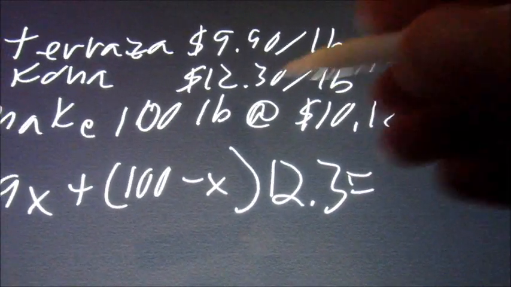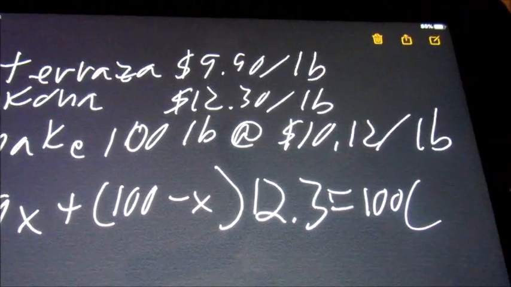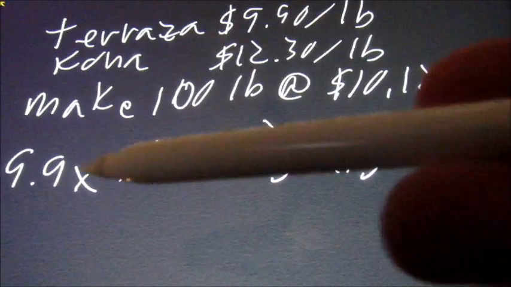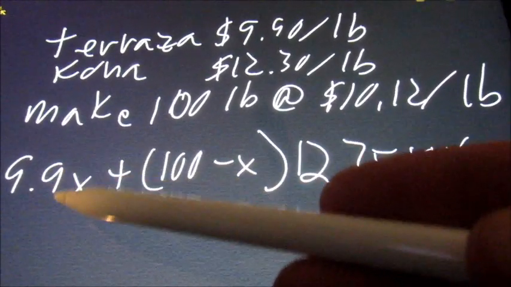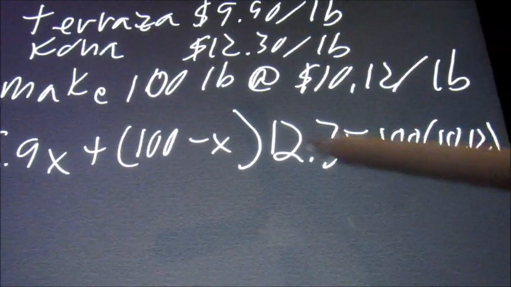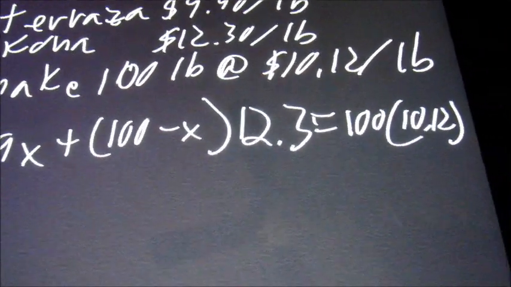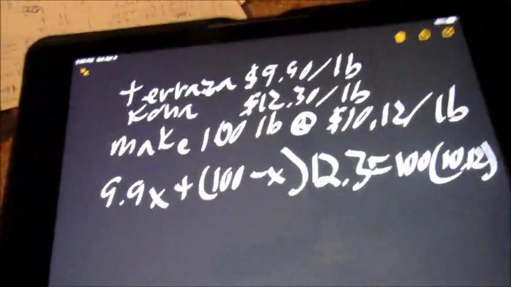And that's going to equal the 100 pounds, and it is $10.12 per pound. So 9.9 times x pounds plus 12.3 times 100 minus x pounds equals 100 pounds times 10.12.